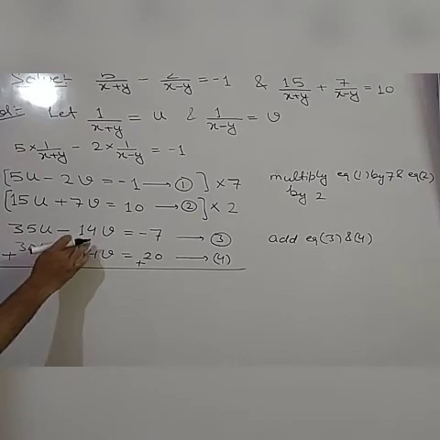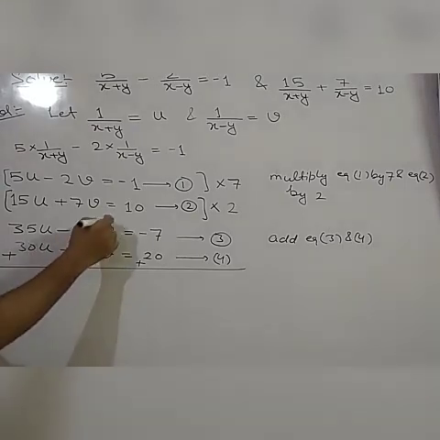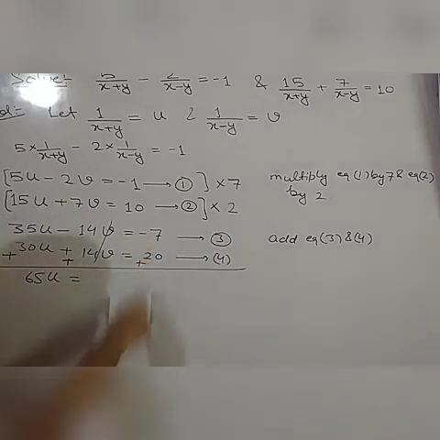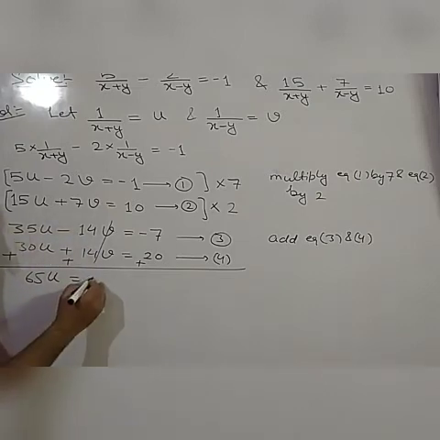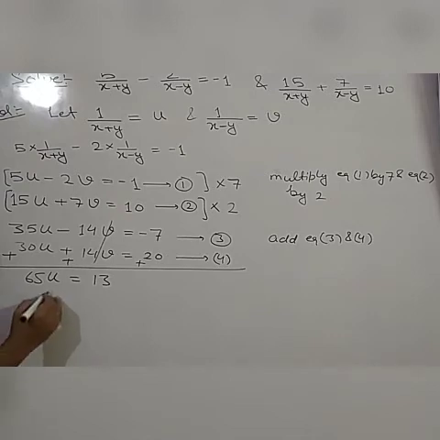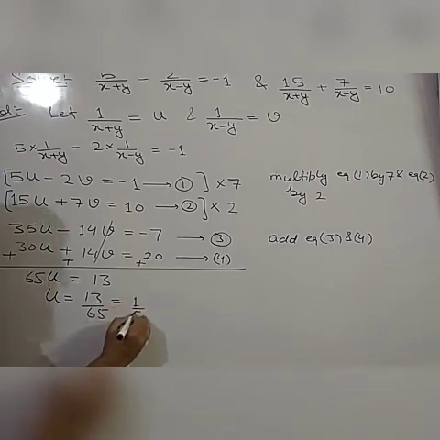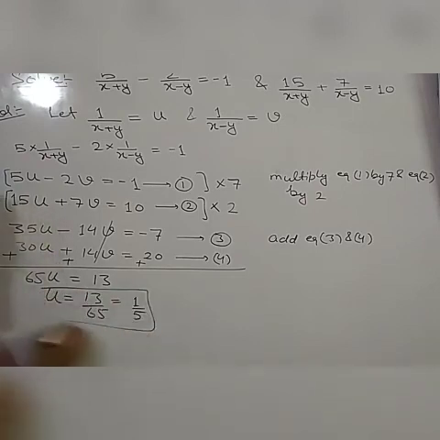So minus 14v and plus 14v cancel out. 30 plus 35 will be 65u is equal to minus 7 plus 20. It will be plus 13. So what will be the value of u? u will be equal to 13 upon 65, that will be equal to 1 upon 5. So we got the value of u. It is equal to 1 by 5.